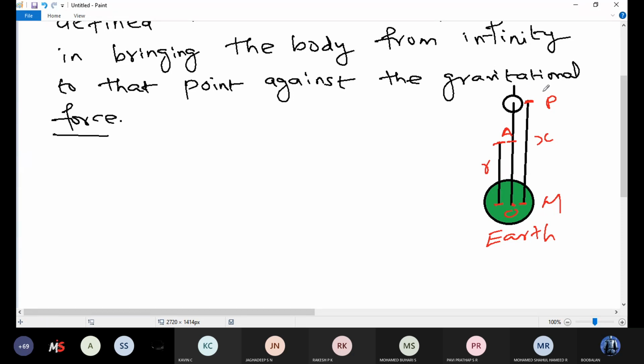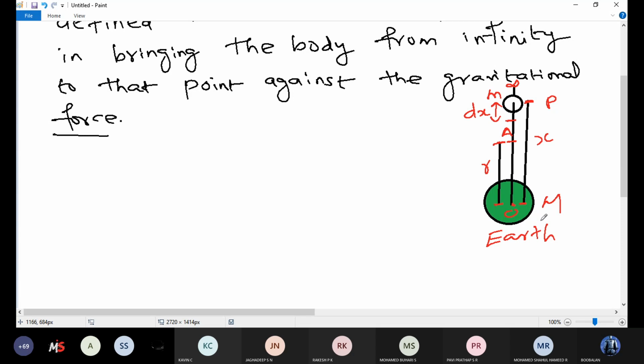Actually this is the infinity point. The mass of the object is small m. This is capital M, this is small m. In between, I will move just one small distance, that is dx.